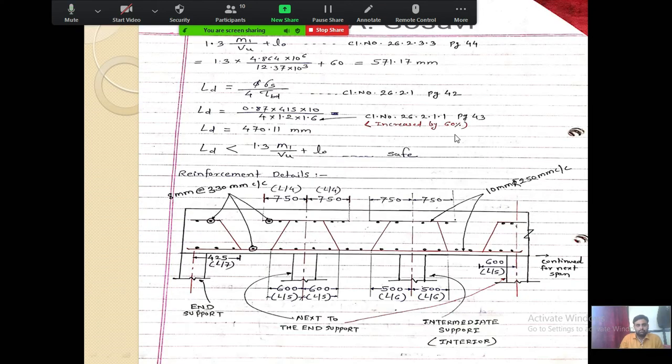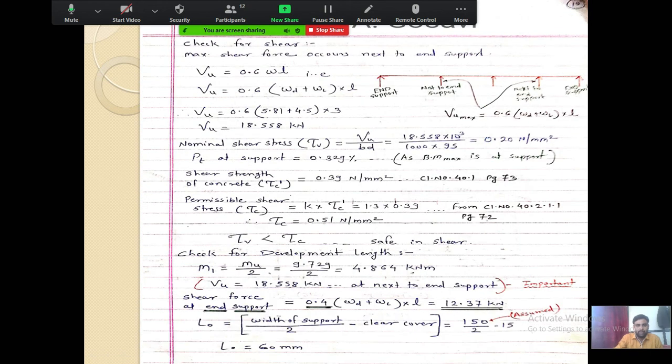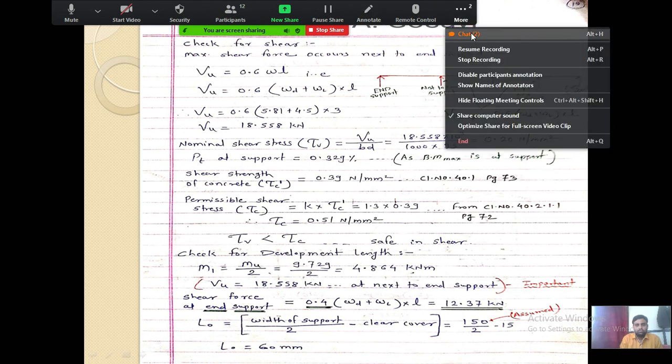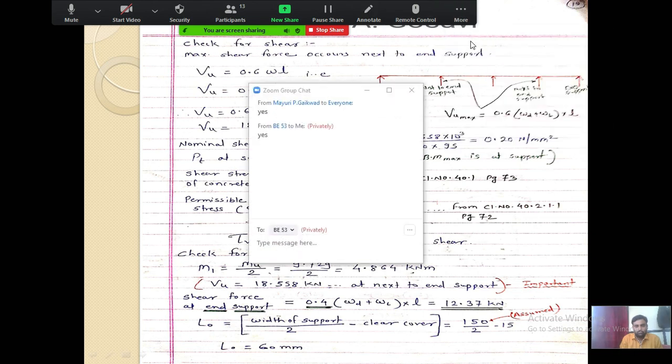Now the slides are visible. Are you able to see the slides? Okay, now it is visible.